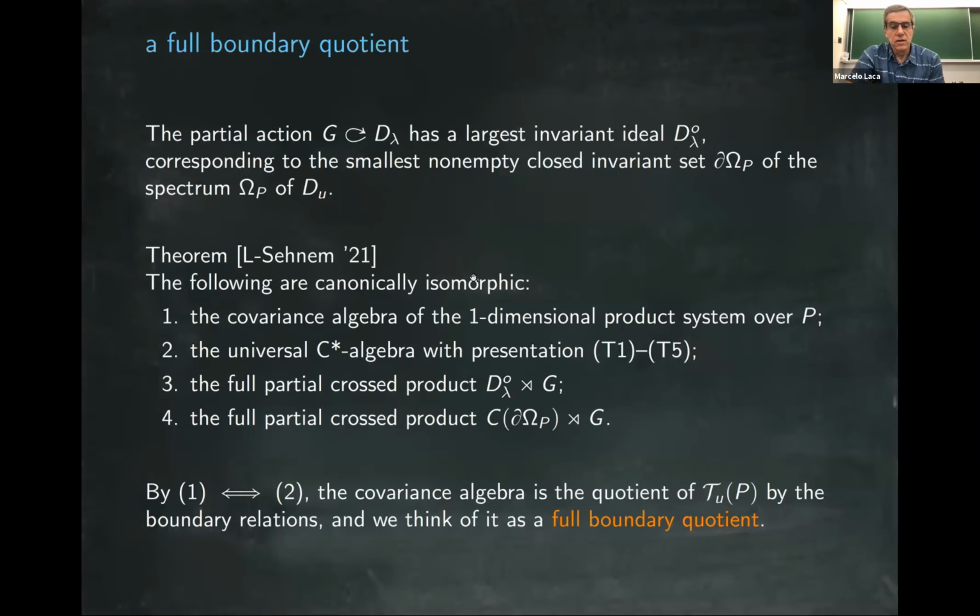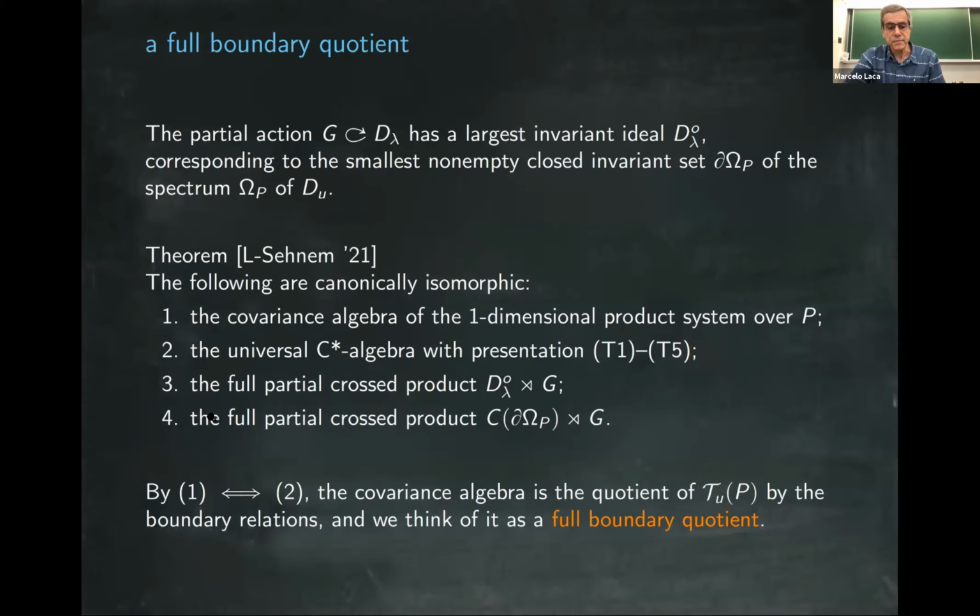And the theorem is that all these algebras are canonically isomorphic. One is the covariance algebra of the one-dimensional product system over P. I don't have much to say about this, but this is something that existed already. The universal Cuntz algebra with this presentation I just gave you. And then the full partial crossed product, d lambda 0 and G. In some sense, this full partial crossed product will be an Exel type of boundary.